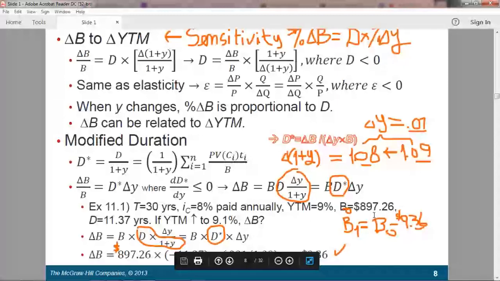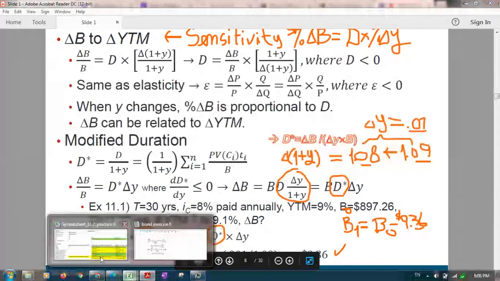Duration 11.37 years. So if yield increases to 9.1%, change in bond price? Actually, I think this example is what we did here. The only difference is that the duration was given.